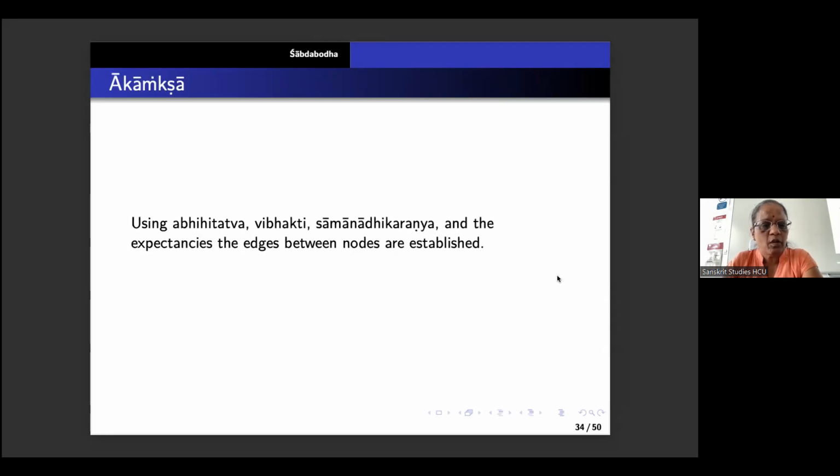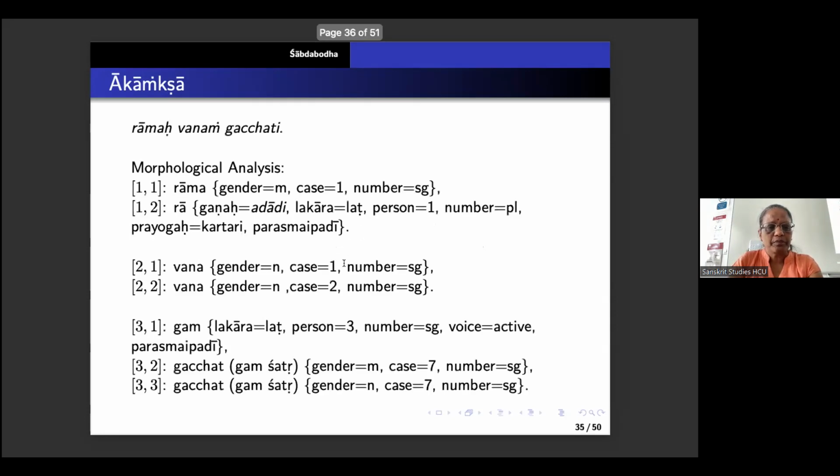Then with the help of ākāṅkṣā, which tells you what kind of information or relation each case suffix codes, or what information the verbal suffix expresses, and so on. So using these ākāṅkṣās, we try to establish the edges between the nodes.